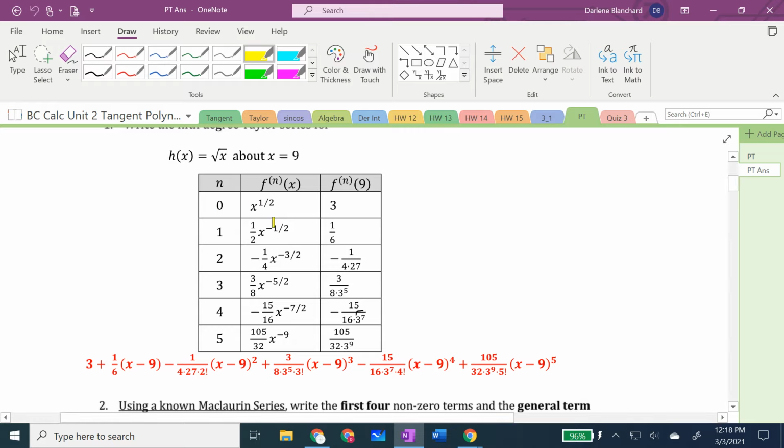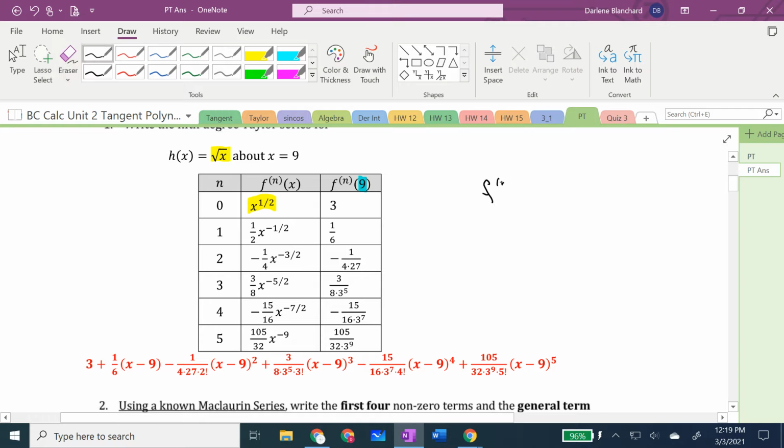Keep in mind that when n is 0, it is the function that is there. You're going to have to go through the derivatives, and then after the derivatives are taken, the center needs to be plugged into all of the derivatives. Once you get all of that set up, then you're ready for the formula.